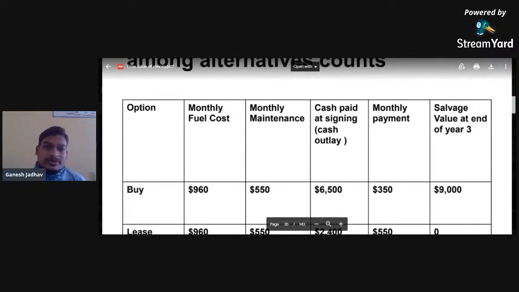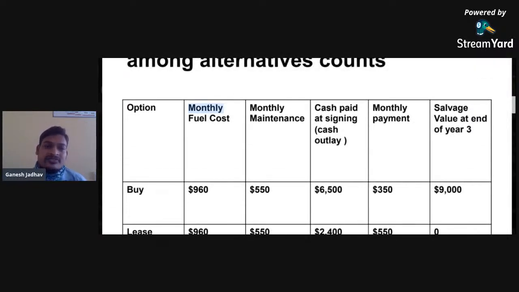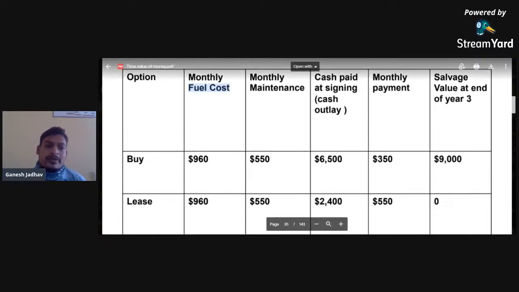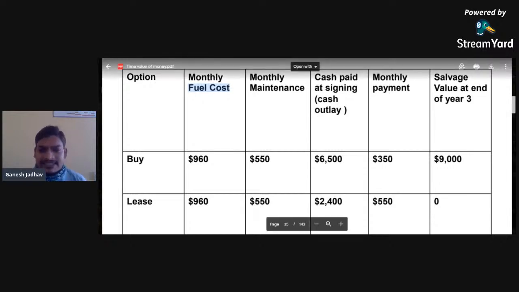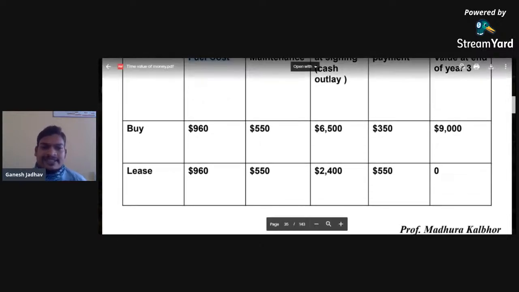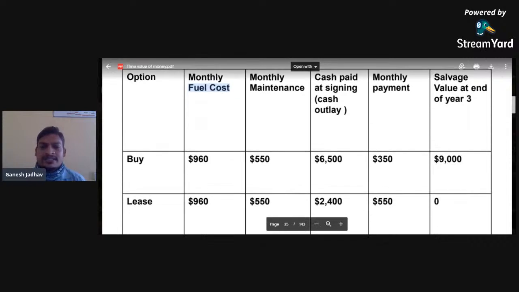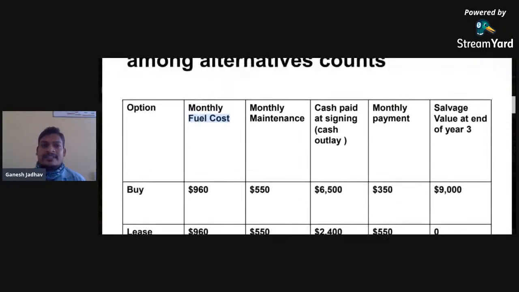So which are the options? Monthly fuel cost. What is your buying cost? This is $960, and the lease cost is also $960. So there is no difference. Then another one is the monthly maintenance.